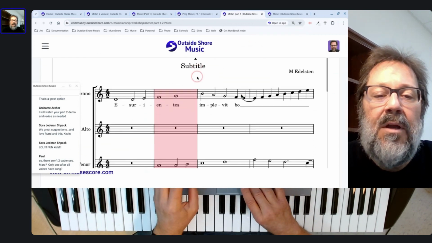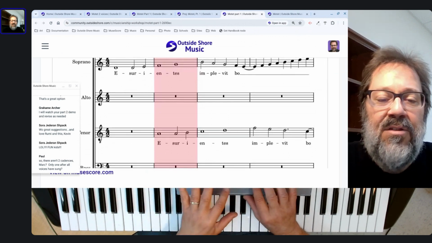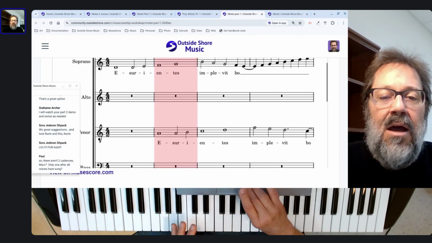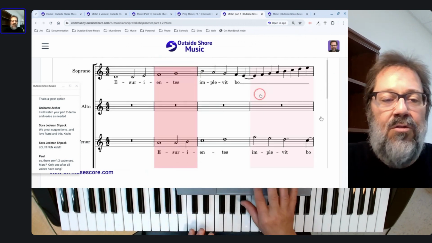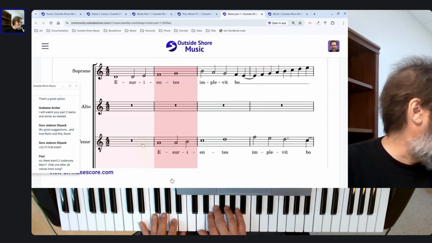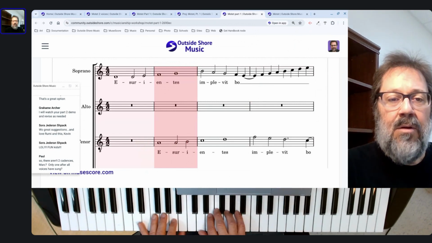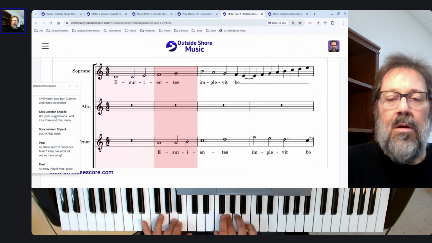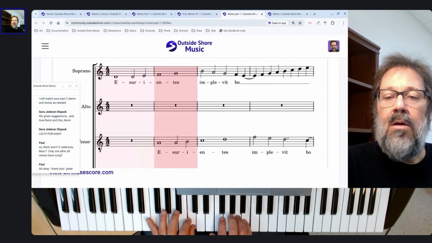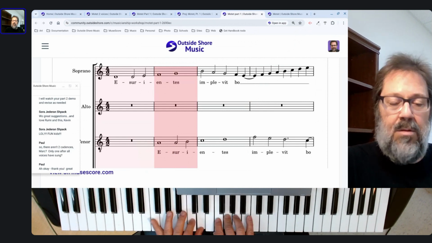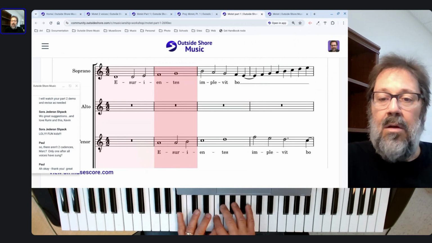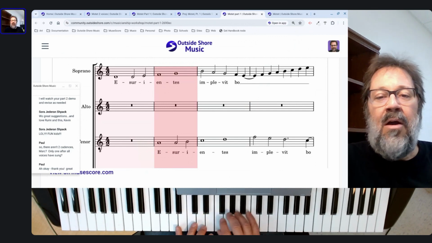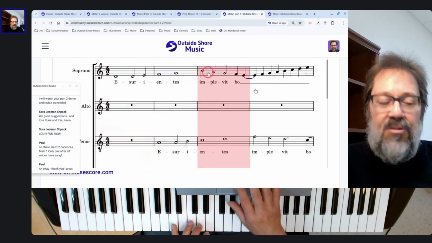I'm now going to try to play this as best I can. It's going to be a little tricky with all the quarter notes and again that tenor voice, so bear with me. Sorry, I'm going to start with this measure.